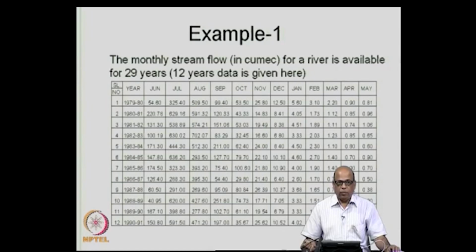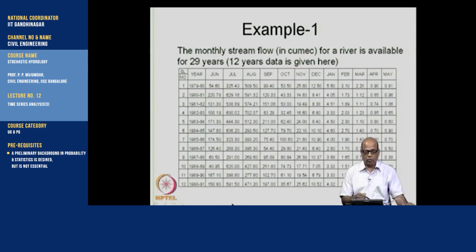Remember, if you wanted to model it using a non-stationary model, you will compute the mean for each of these months: June month using the 29 values of June, July month using the 29 values of July, and so on. So, you will have means for all the 12 months, similarly standard deviations.